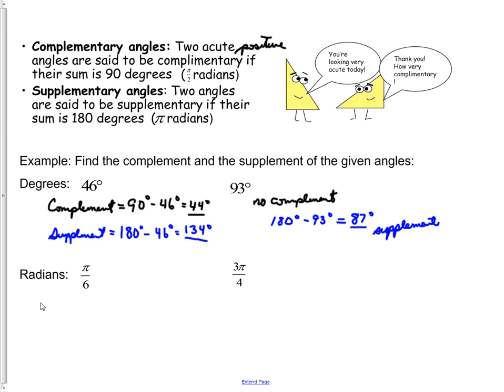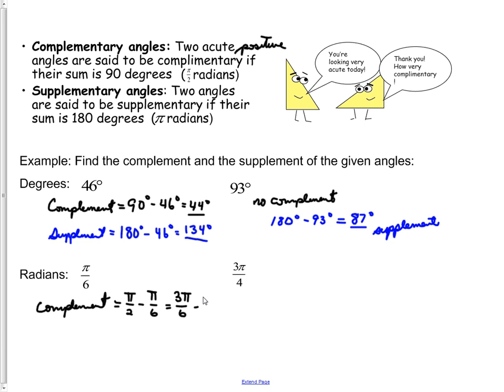So how about pi over 6? Well, my complement is going to be found by taking pi over 2 radians and subtracting away pi over 6 radians. Now that means I'm going to have to get a common denominator. Pi over 2 is the same thing as 3 pi over 6.